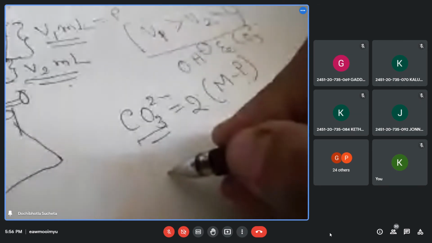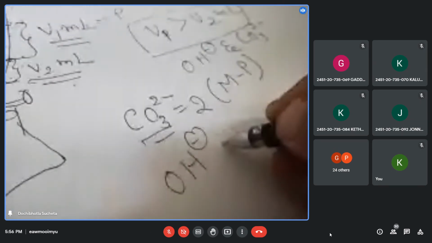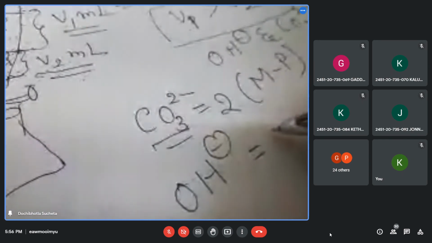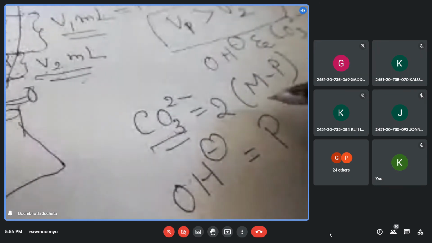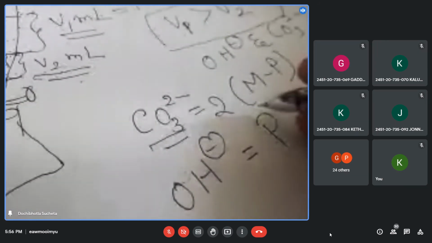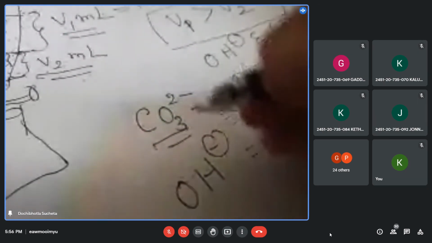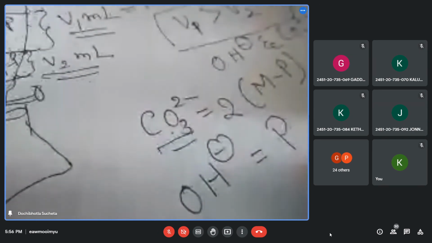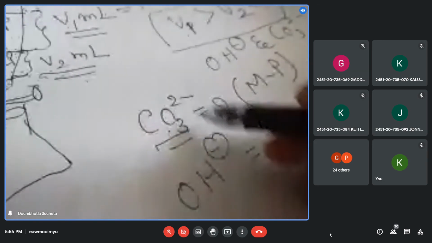So when I'm saying OH minus neutralization, the total volume V1 is P, which is the total HCl consumed for neutralization of both complete OH minus and half of CO3 2 minus. So how much will this consume?